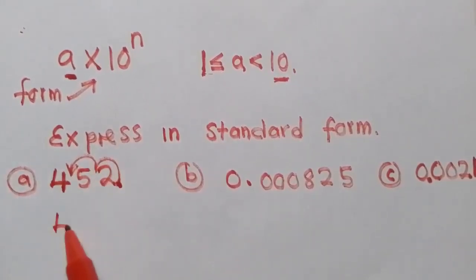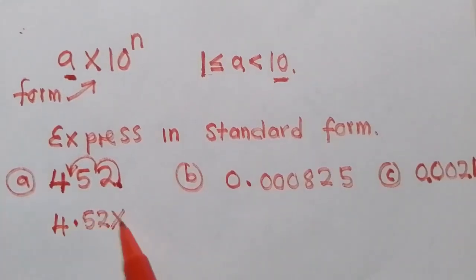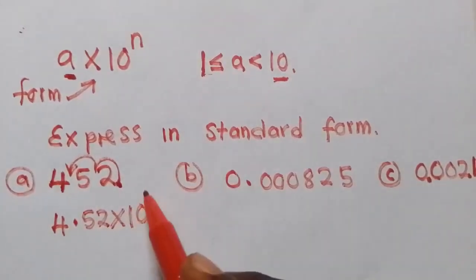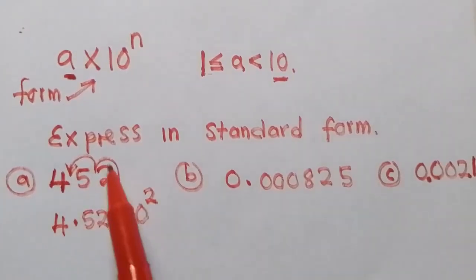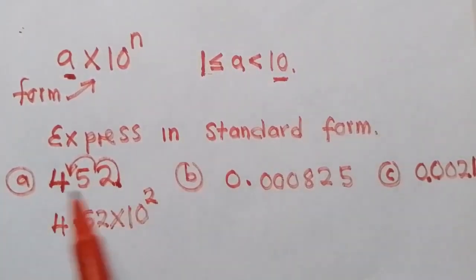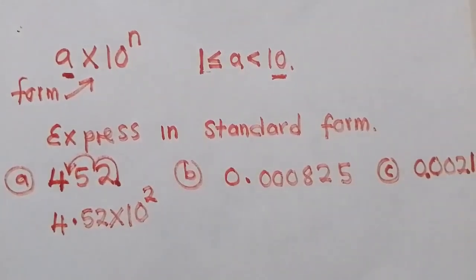This is 4.52 times 10 to the power 2. When you are moving in this way, the power should be positive. Each time you are going this way, the power should be positive.